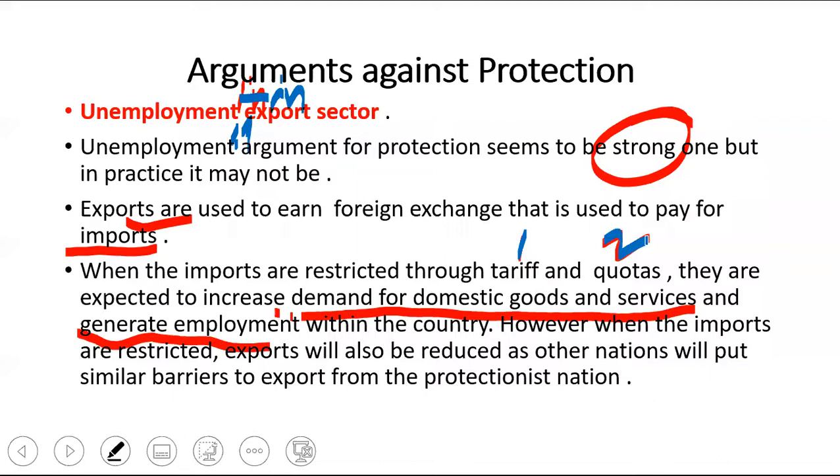So this will reduce the production of goods for export. When production reduces, labor reduces, and unemployment will be more. But in the export sector, please remember.